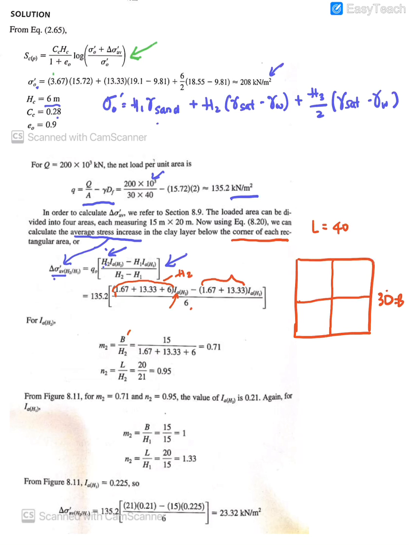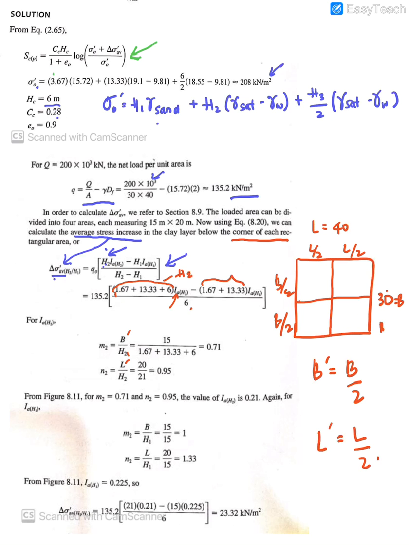B prime, as I wrote here, is B over 2, and L prime is L over 2. So L over 2, B over 2.